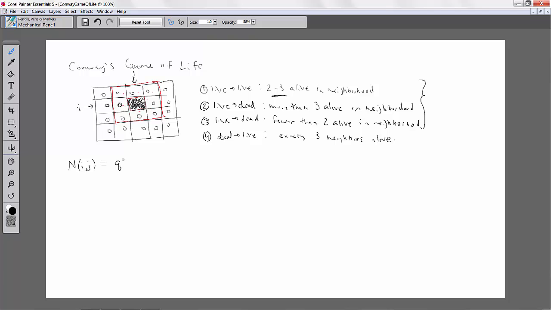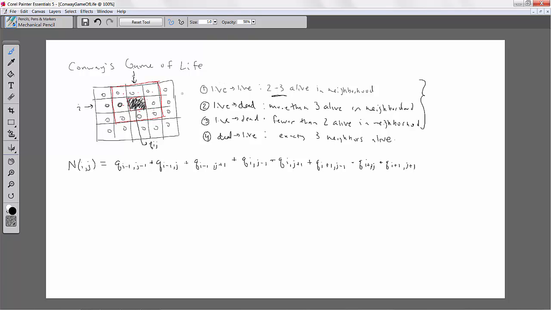So in this case, if this cell is Q_IJ, the neighbor function for this particular cell would be the one in the previous row and previous column, Q_I-1,J-1, plus the one right above, Q_I-1,J, the one above and to the right, Q_I-1,J+1, one directly to the left, Q_I,J-1, one directly to the right, Q_I,J+1, and then the 3 directly below, Q_I+1,J-1, Q_I+1,J, and Q_I+1,J+1.